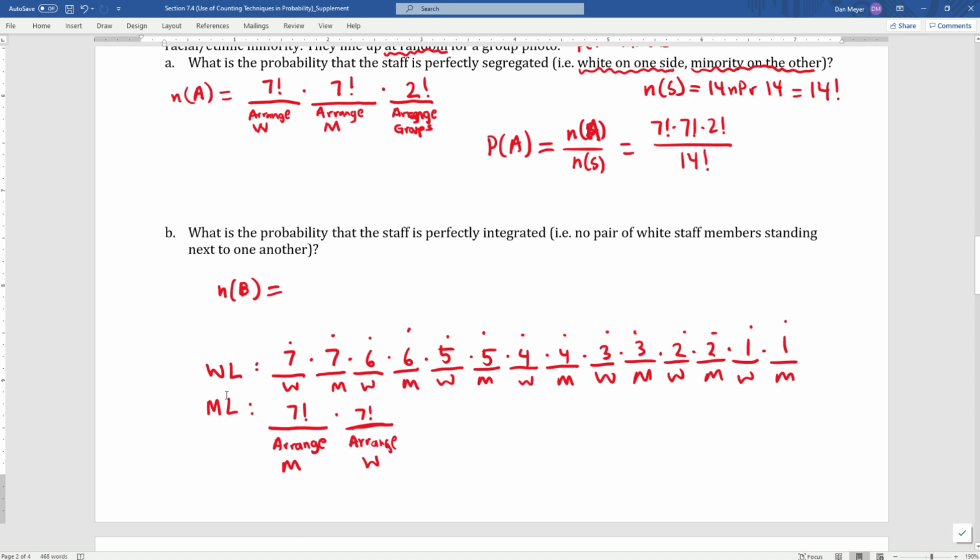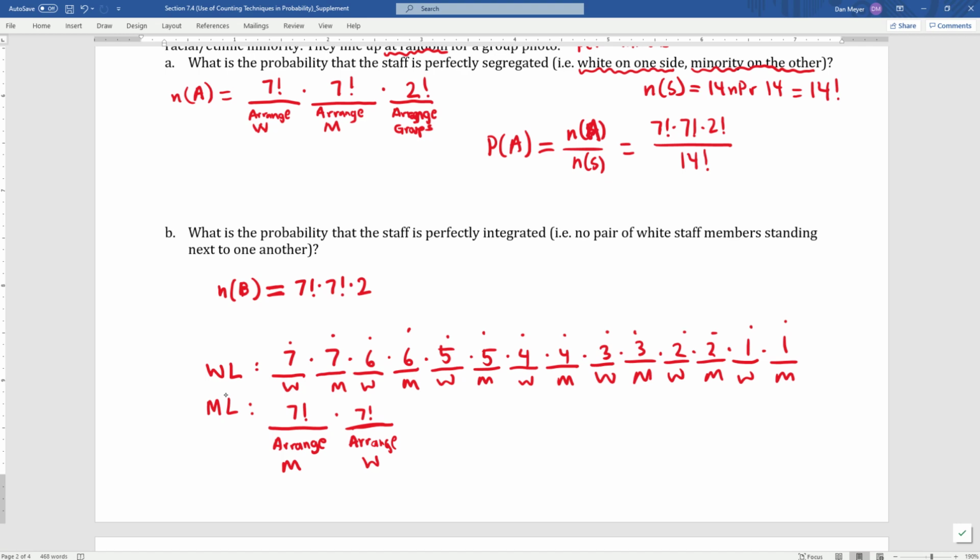And so the really clever way of finding the number of things in our event is to say, 7 factorial to arrange the white people, times 7 factorial ways to arrange the minorities, times 2 different ways to shuffle: with a white person on the left, or with a minority on the left.